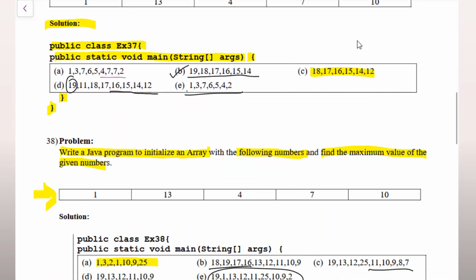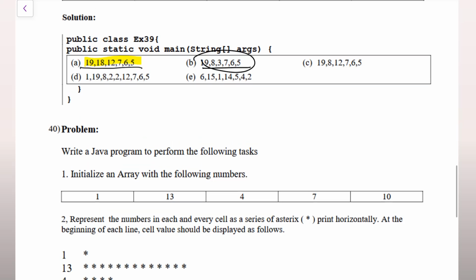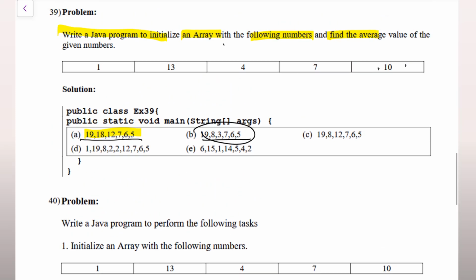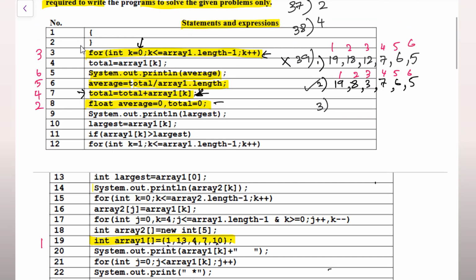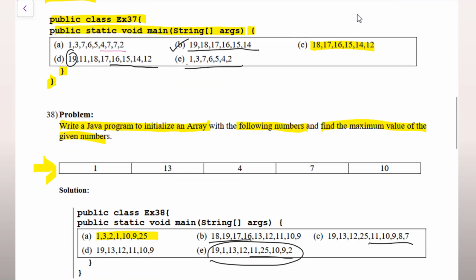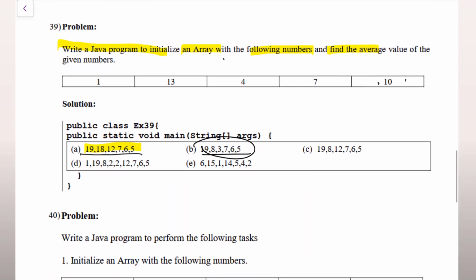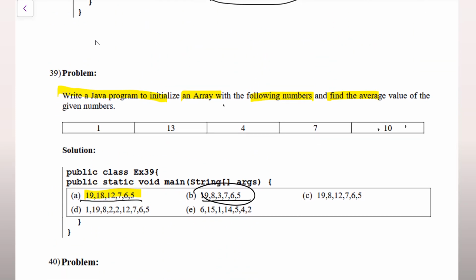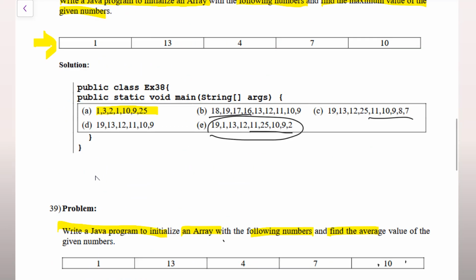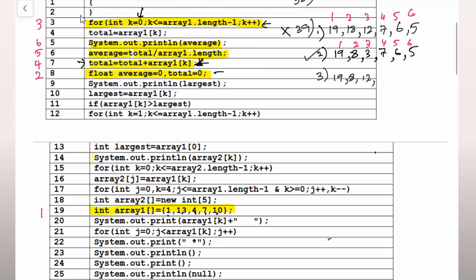And then you can look at the third answer, 19, 8, 12, 7, 6, 5. Okay, so we'll start with 19.